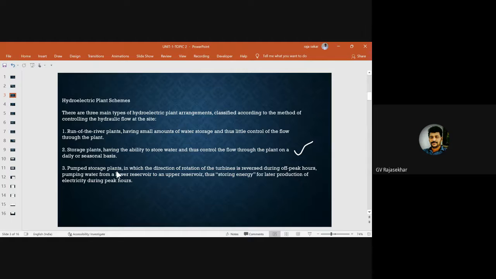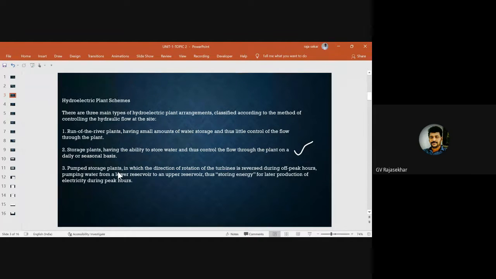So, what are pumped storage plants? Under low load conditions or low peak conditions, we are going to pump the water from a river to a very high height where a huge tank is constructed.